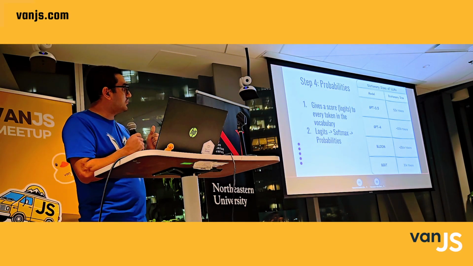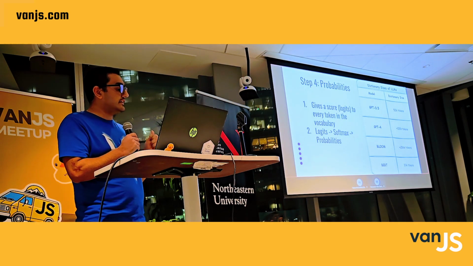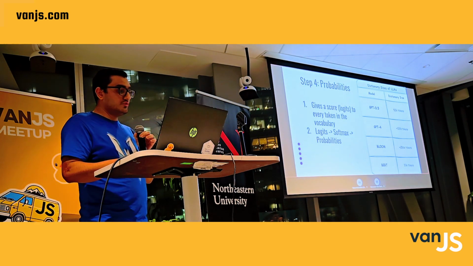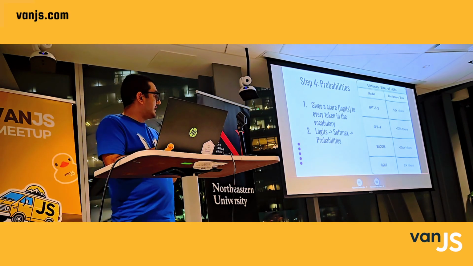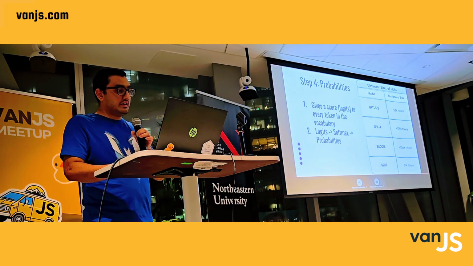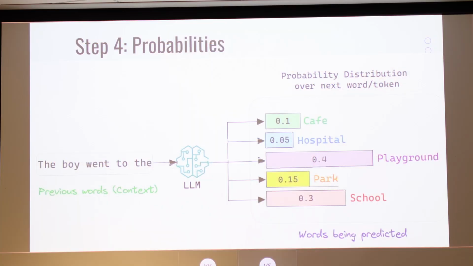We give every token a logit, and then we convert that logit into probability. We use the softmax algorithm to give probabilities to each token, and as a result, what we get is probability around the next possible token.